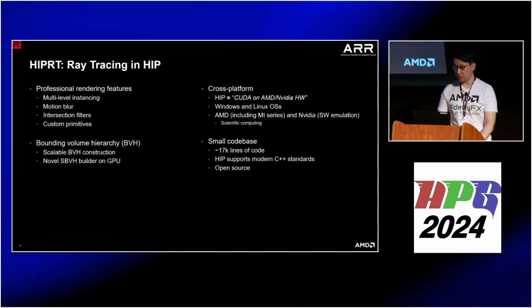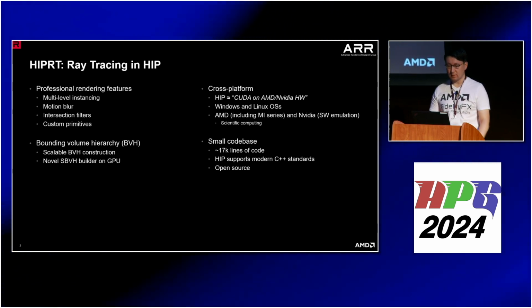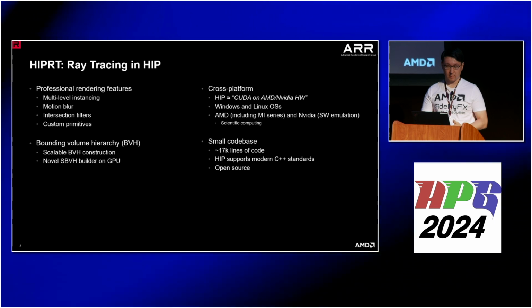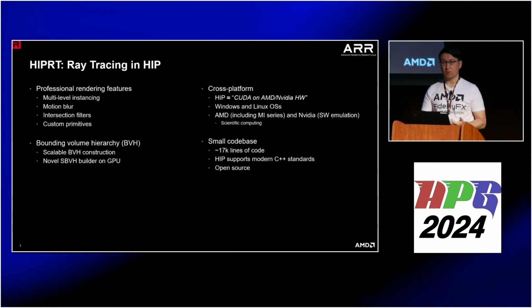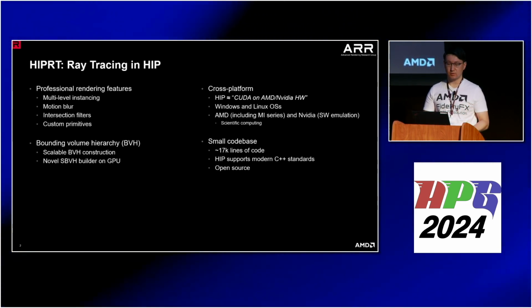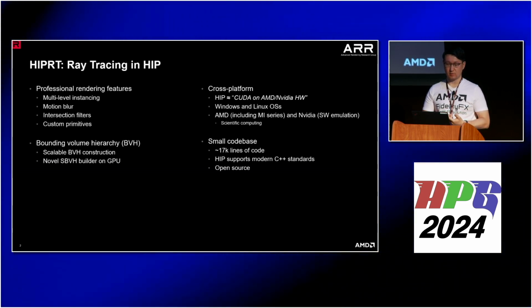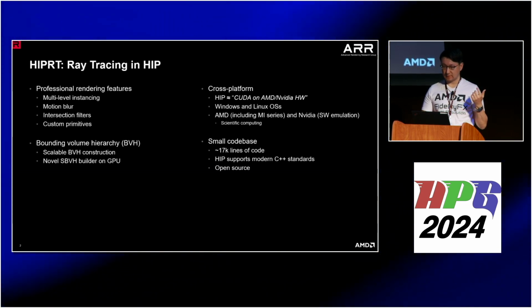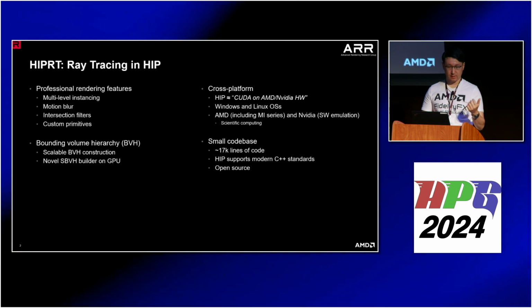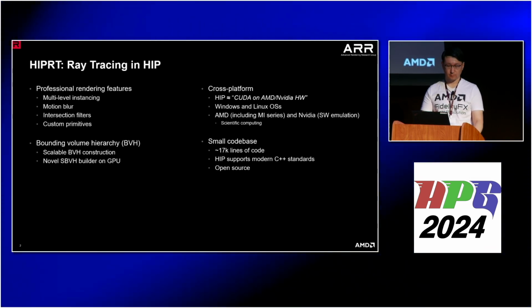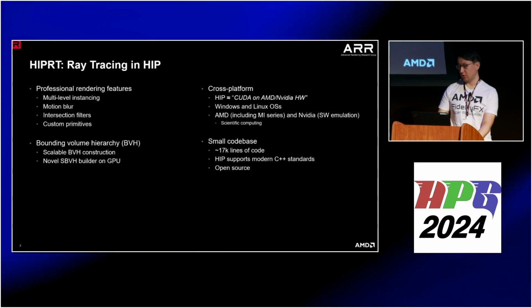The code base is relatively small, less than 20,000 lines of code, and this is thanks to HIP, and HIP supports modern C++ standards, so we can use all these nice modern features such as templates, lambdas, and other constructs. And last but not least, it's open source.